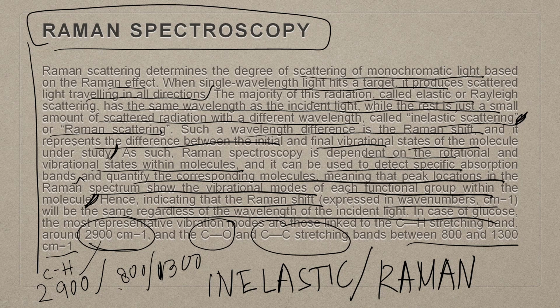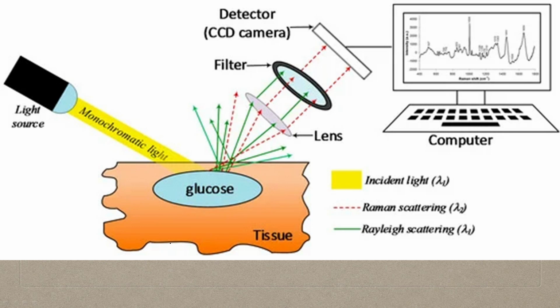Okay. Whenever you get the Raman spectra, if you look, there is that peak, that means it possibly contains glucose, but then you have to have the other measures which can tell you. And this is how the Raman spectroscopy works.